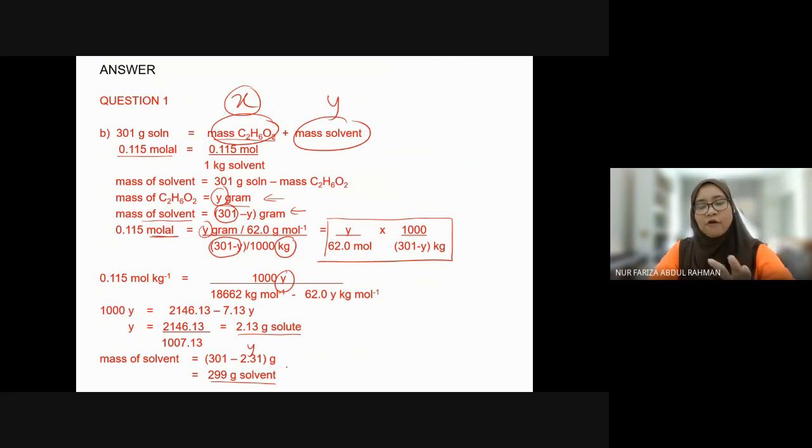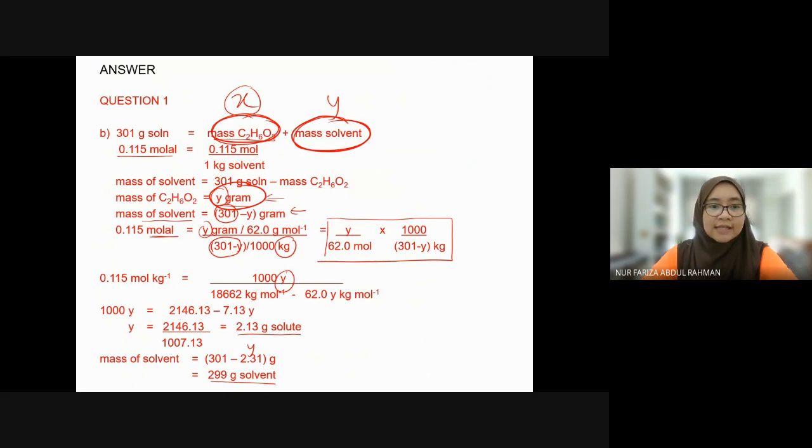So the approach for this solution is to expand from the formula of the molality itself. But before you can do that, make sure that you define all the unknowns. In this case, the unknowns are defined in terms of mass of solute and mass of solvent.